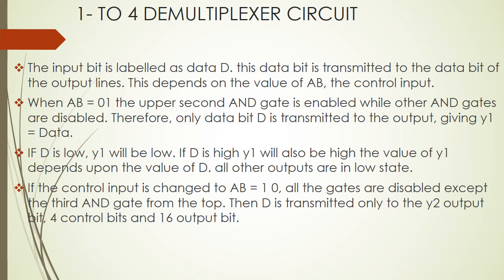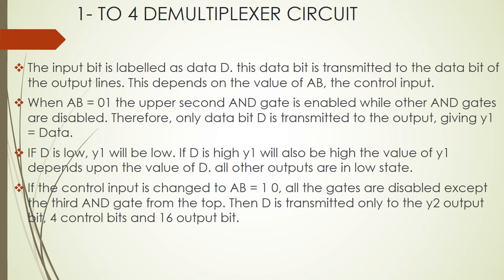Now let's say that when AB is equal to 0, 1, the second AND gate from the top is enabled. What we need to understand here is that on the previous slide in our truth table, the first combination is 0, 0, the second is 0, 1, the third is 1, 0, and the fourth is 1, 1.